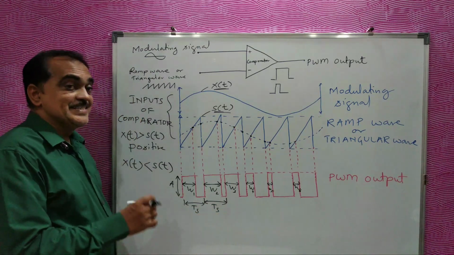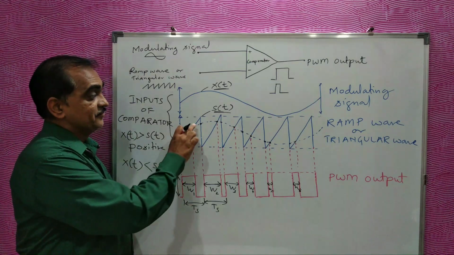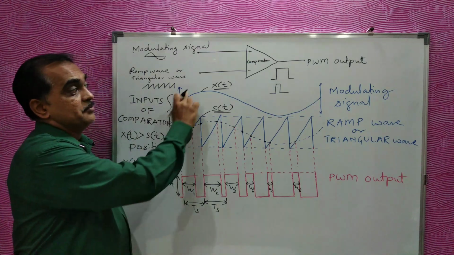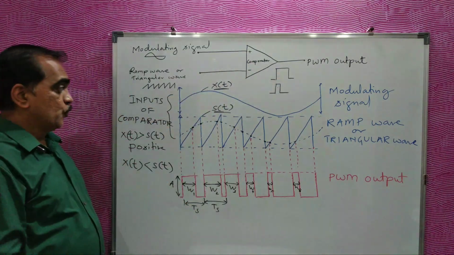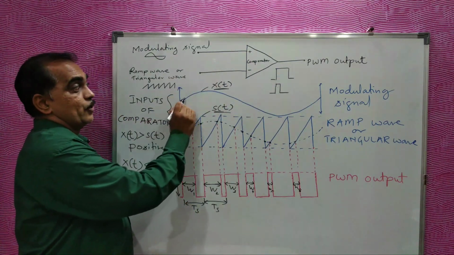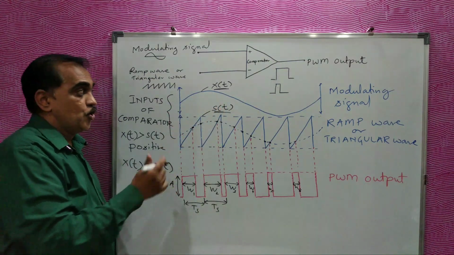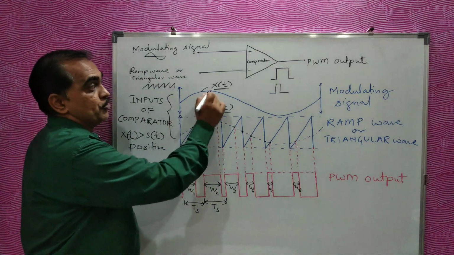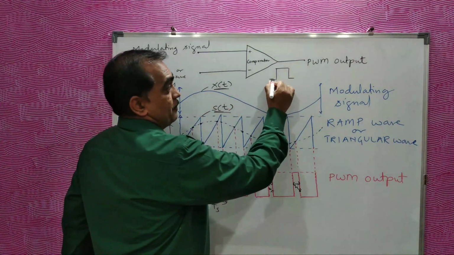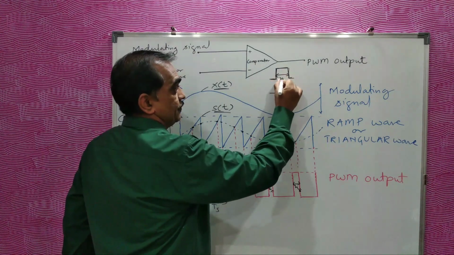What will vary is the width of the pulse, because of the intersection of the ramp wave and the modulating signal at the output of the comparator. So whenever the analog signal is greater than the ramp wave, it is going more positive, the output of the comparator will give a pulse which has more width.